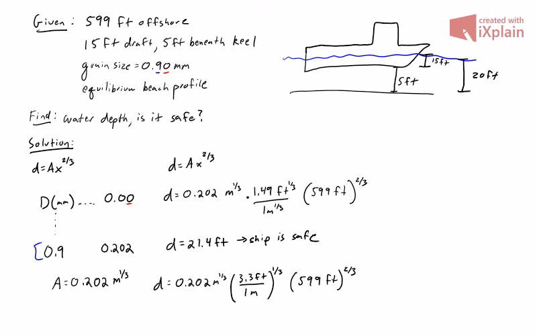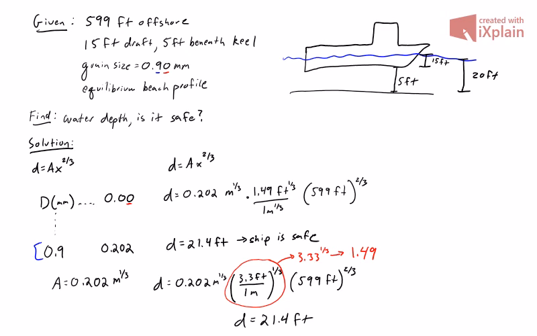If you go on your calculator and evaluate 3.33 to the 1/3, hopefully it doesn't surprise you that you get 1.49. That's where our 1.49 feet to the 1/3 per meter to the 1/3 comes from. And look at that, you still get that the depth is 21.4 feet.